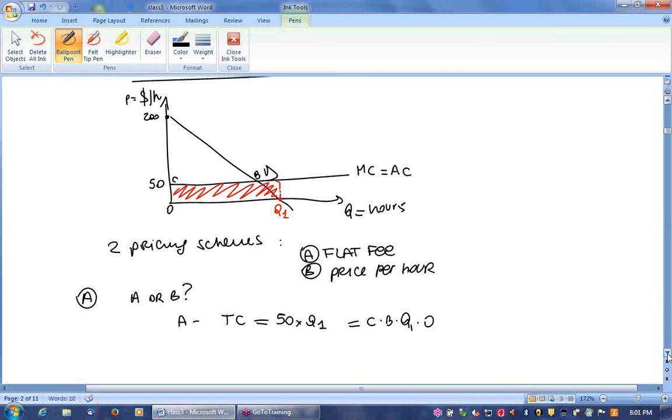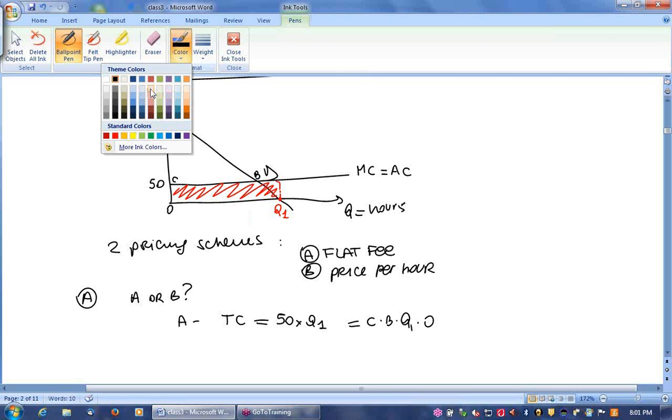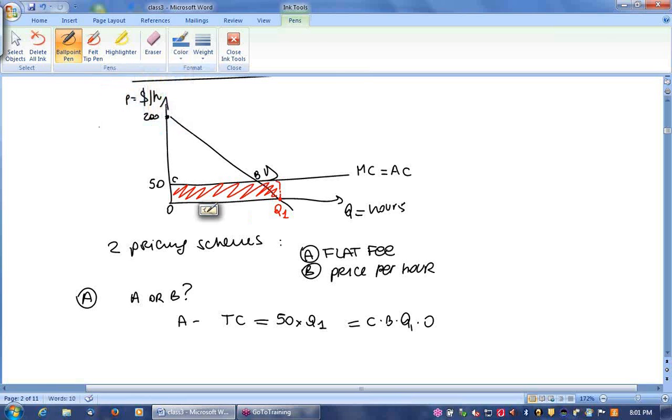Now, what is the consumer surplus here? Since the price is 0, the consumer surplus is all the area above the price. The price is 0. So this would be the consumer surplus, right?